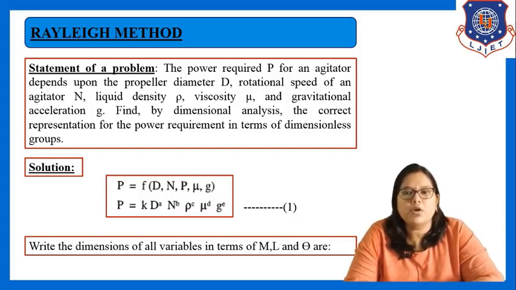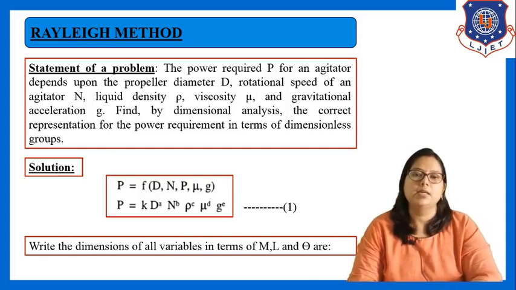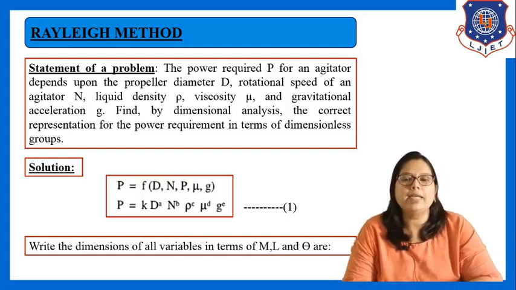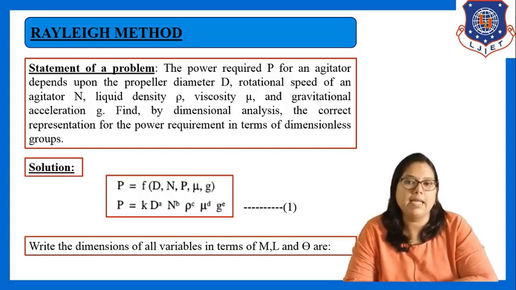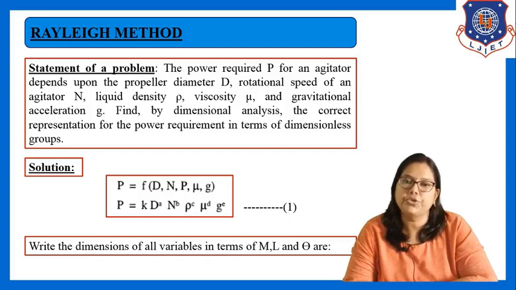Write the dimensions of all the variables in terms of M, L, theta. You all know very well how to write a dimension, that you are right now studying in your subject, material and energy balance computations. So how can we write the dimensions of power, diameter, rotational speed, density, viscosity and acceleration due to gravity G?